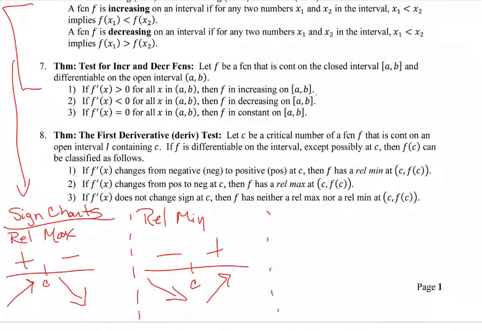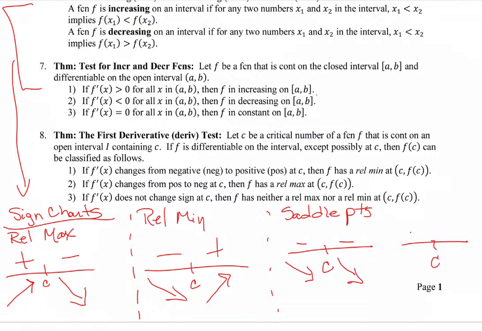And then you're going to have two kinds of saddle points. A saddle point is a point that is neither a relative max nor a relative min. So you can have a saddle point that is negative, negative, or a saddle point that is positive, positive.